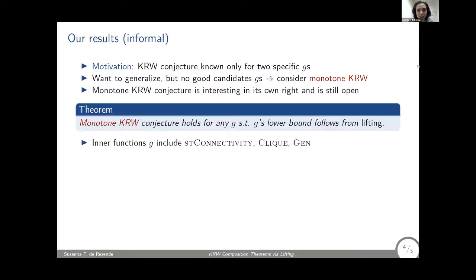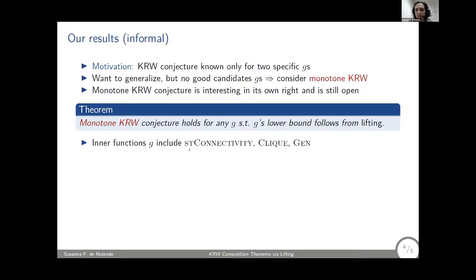So we show that it holds for any outer function f when composed with any inner function such that this inner function lower bound follows from some lifting theorem. I won't have time to talk about exactly what this lifting theorem is, but it includes classical inner functions such as ST connectivity, clique, or the gen function.